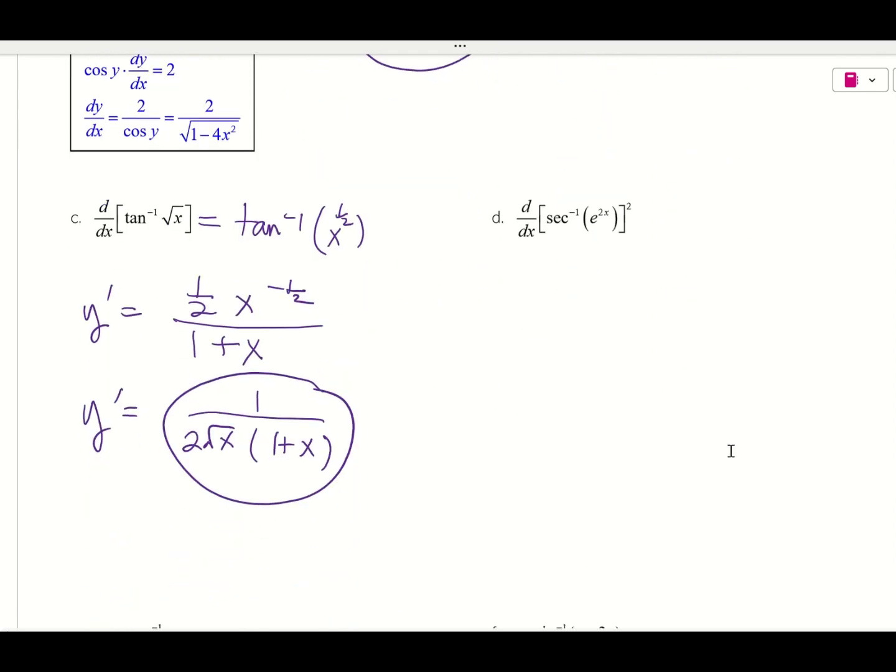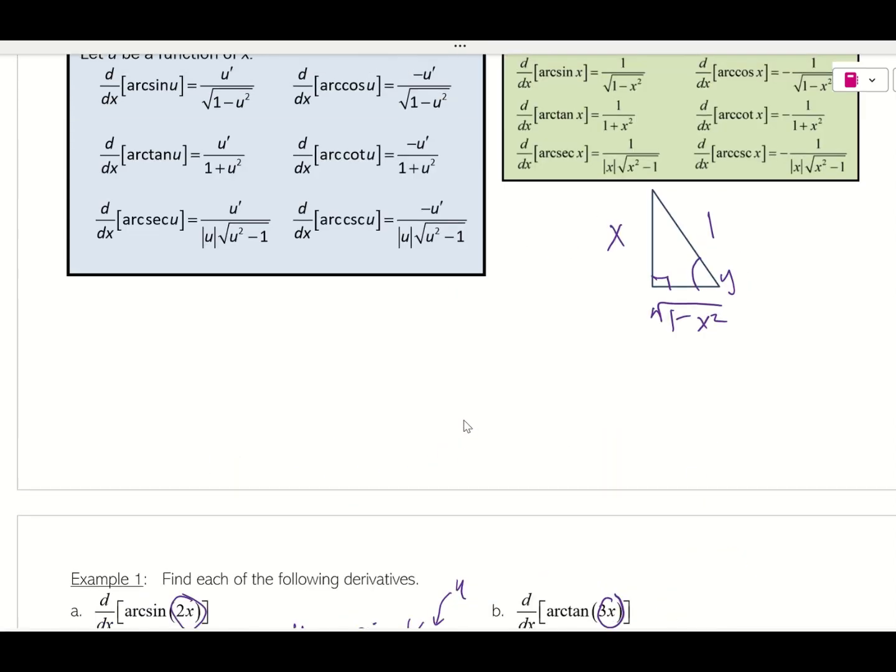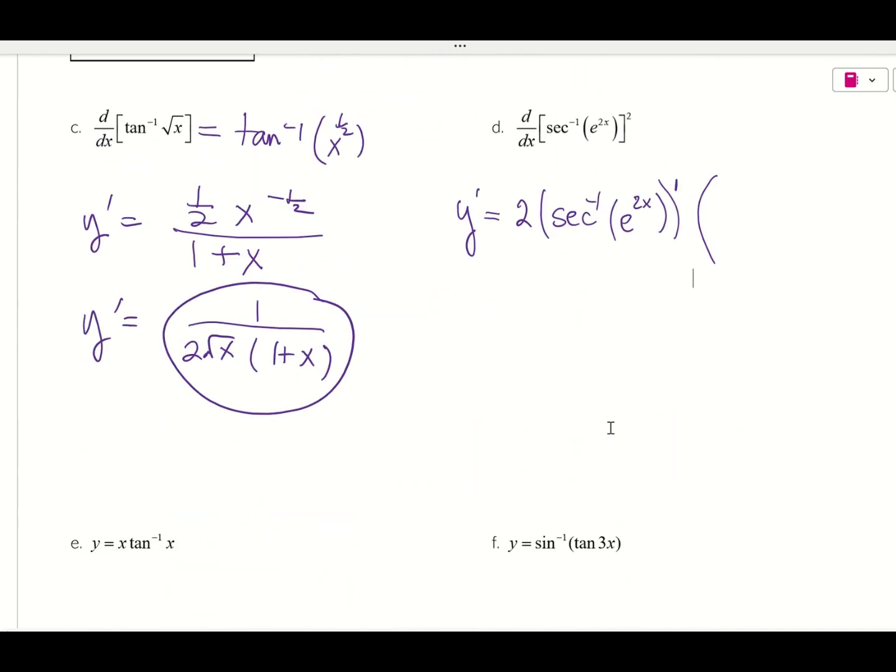Okay, so the first thing we have to do is the power rule. So the power rule would give you 2 inverse secant of e to the power 2x to the power 1 if you want to put the 1. Okay, just to see that I did the power rule. Then you have to do the derivative of inverse secant. So remember that was u prime over the absolute value of u times the square root of u squared minus 1.